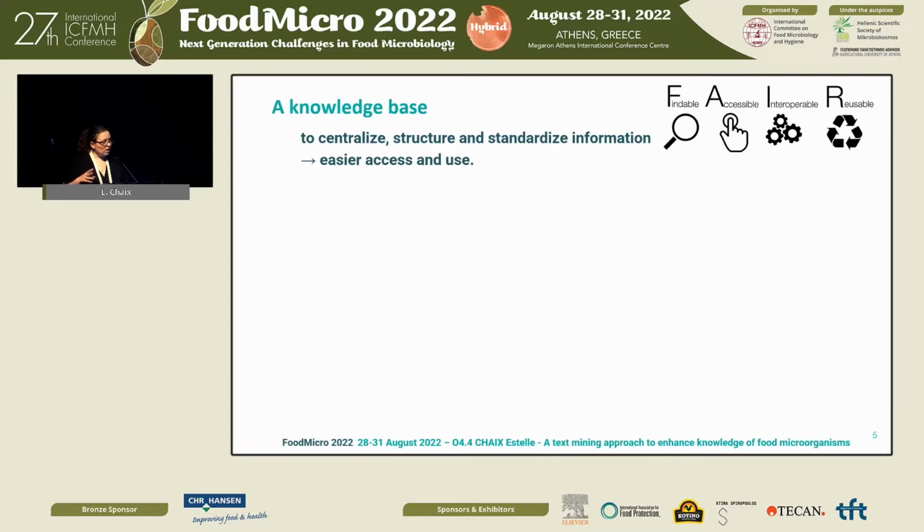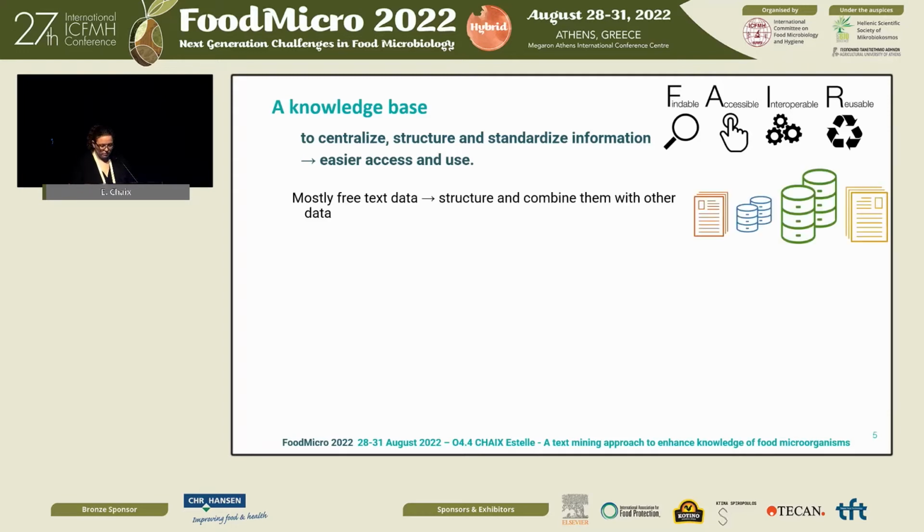This is in line with the FAIR principles: findable, accessible, interoperable, and reusable. As most of this information is expressed as free text, we need to structure it if we want to combine it with databases and publications, for example, with other data.